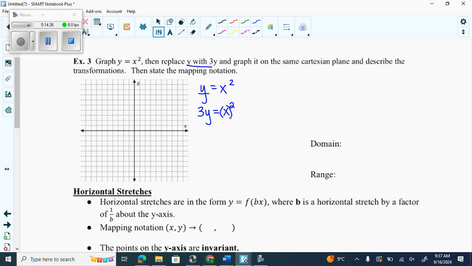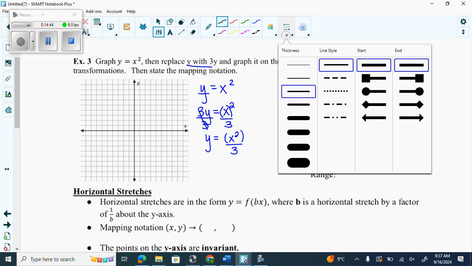Now I always want to get into y equals. How do I get the 3 over? Divide by 3? So now I have y equals x squared divided by 3. We will never write it like this. What's the better way to write it?